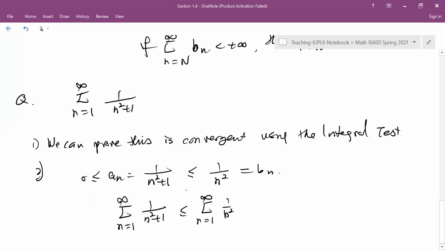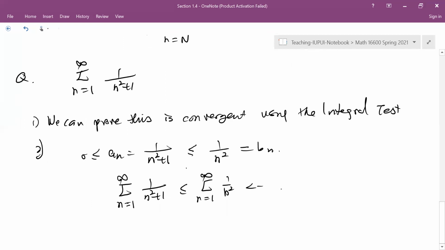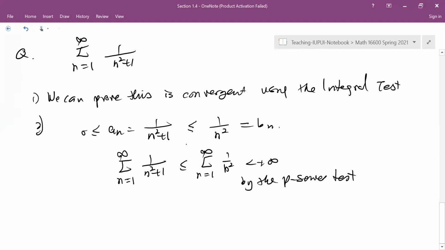But the one on the right-hand side is finite, and why is it finite? You can say by the p-series test. You have to remind people you're using the p-series test. You cannot just say it's finite, it's obvious. You have to quote the result and put a note here.